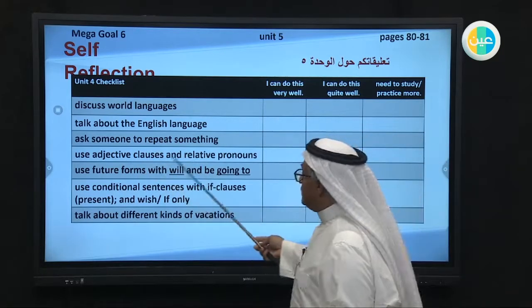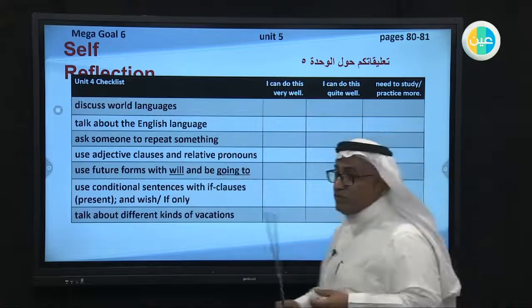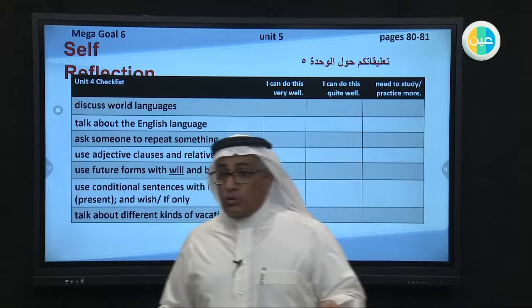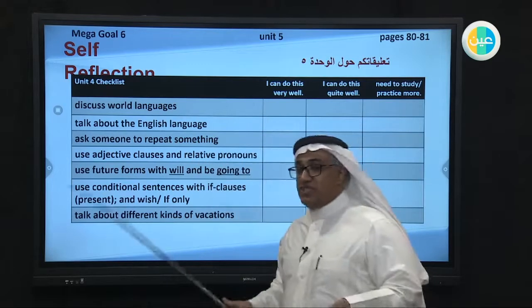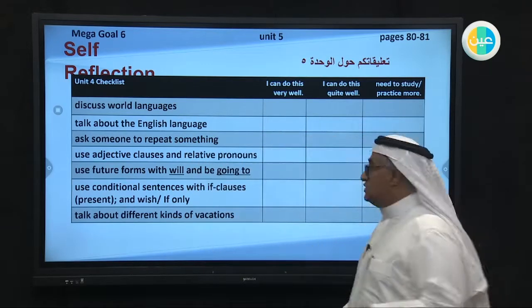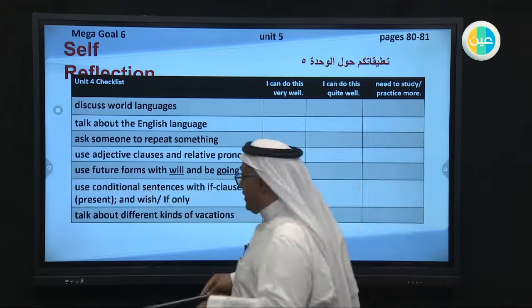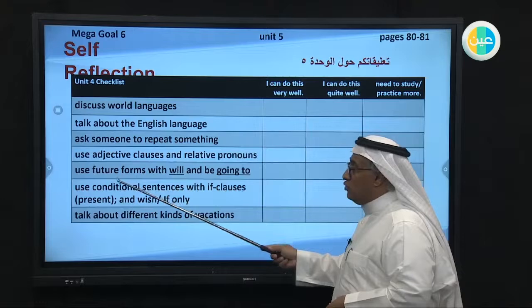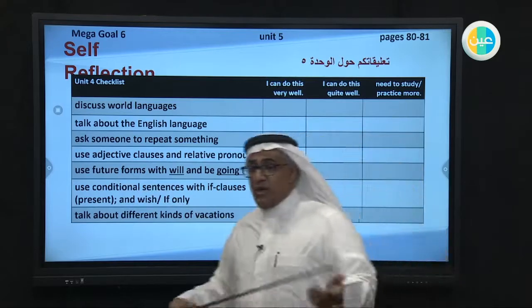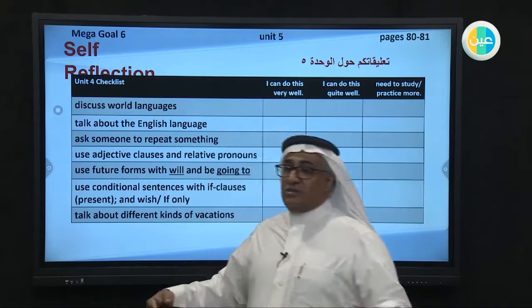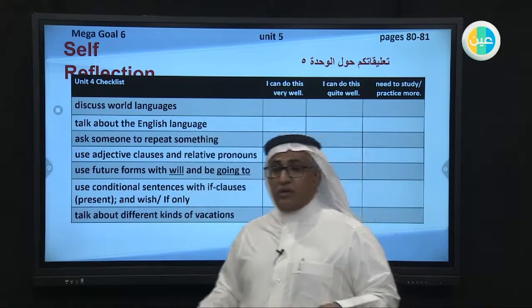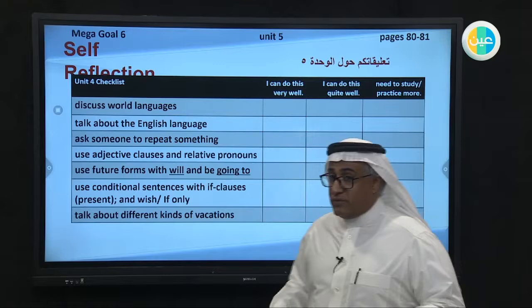Use adjective clauses and relative pronouns. Relative pronouns like who, that, which, followed by adjective clauses. Today, or in the previous lesson, we talked about future forms, and we used 3 forms of future: is going to, will, and the progressive.